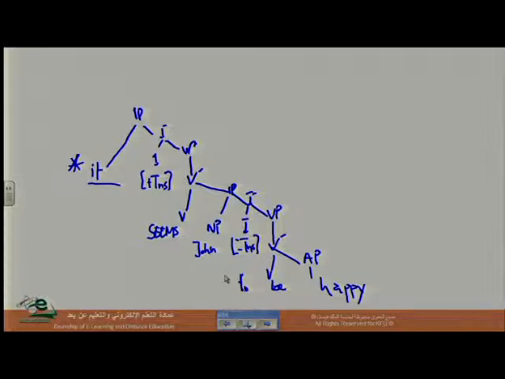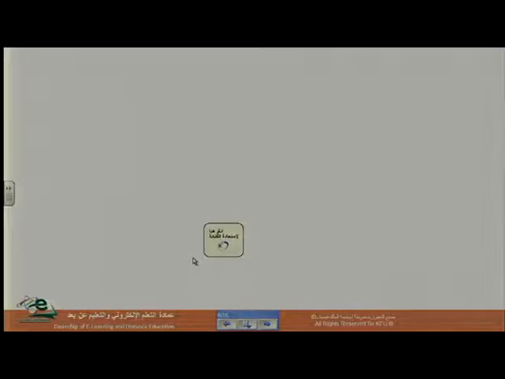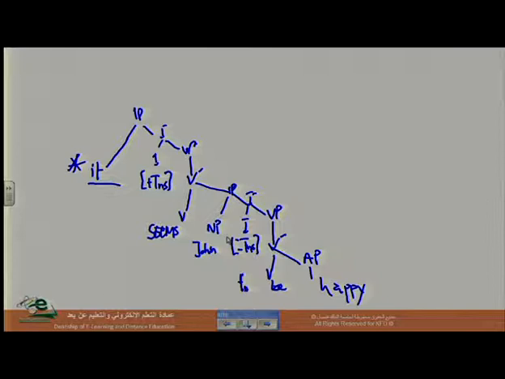Well, the explanation from the point of view of this theory is that John is in a position where it cannot show up, it cannot be heard, simply because it does not have case. It cannot receive it from seem, because it's not its direct object. What is the direct object of the verb seem is the entire IP.